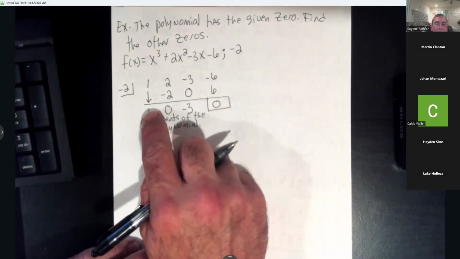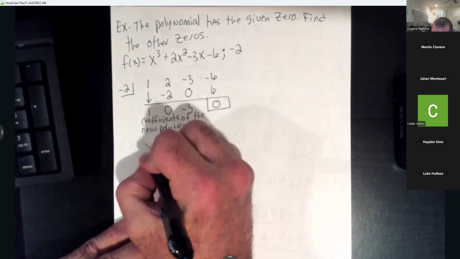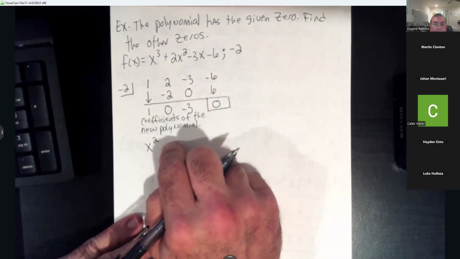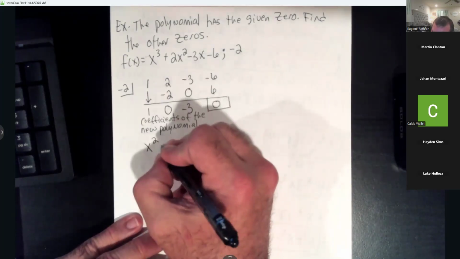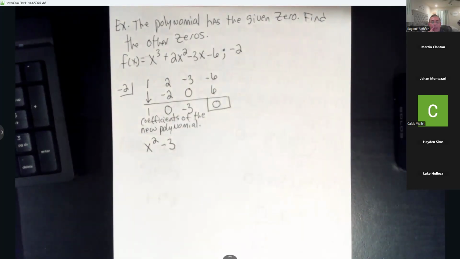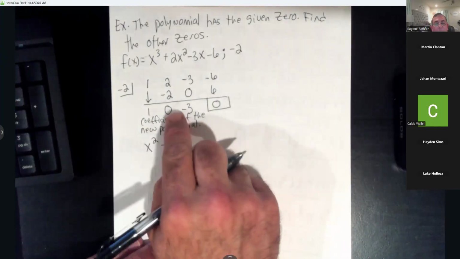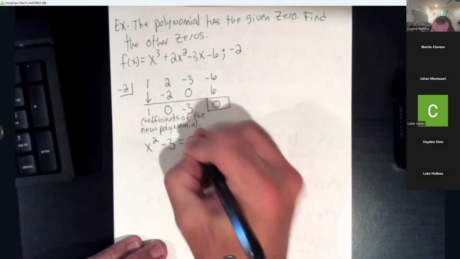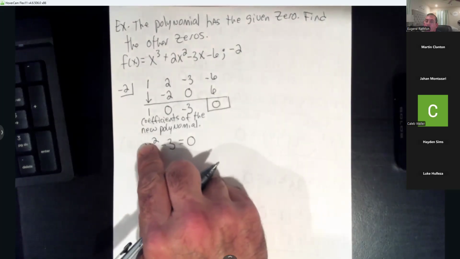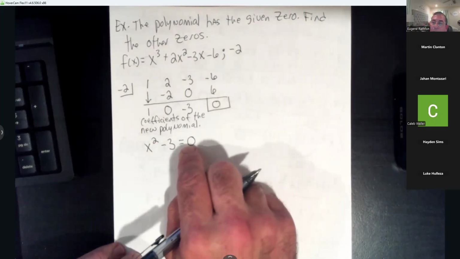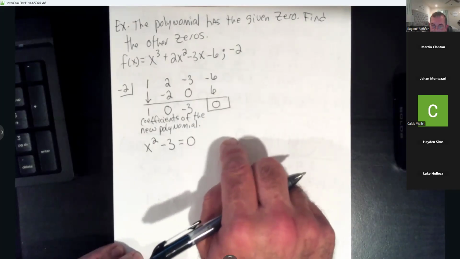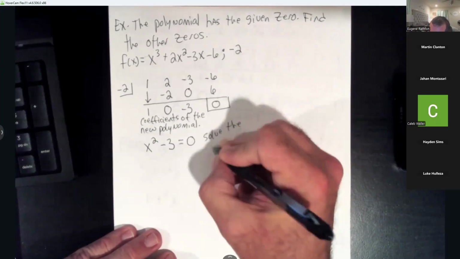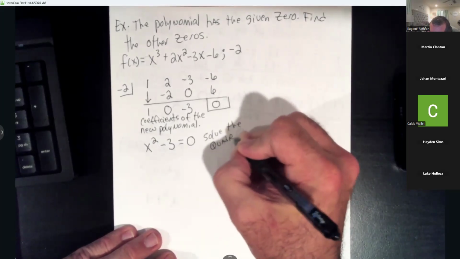So that means this would be 1x squared, 0 x's, and then minus 3. And once we get our new polynomial, we're going to set it equal to 0. Now, since this is an x squared, I can solve this using my quadratic methods. So we're going to solve the quadratic equation.